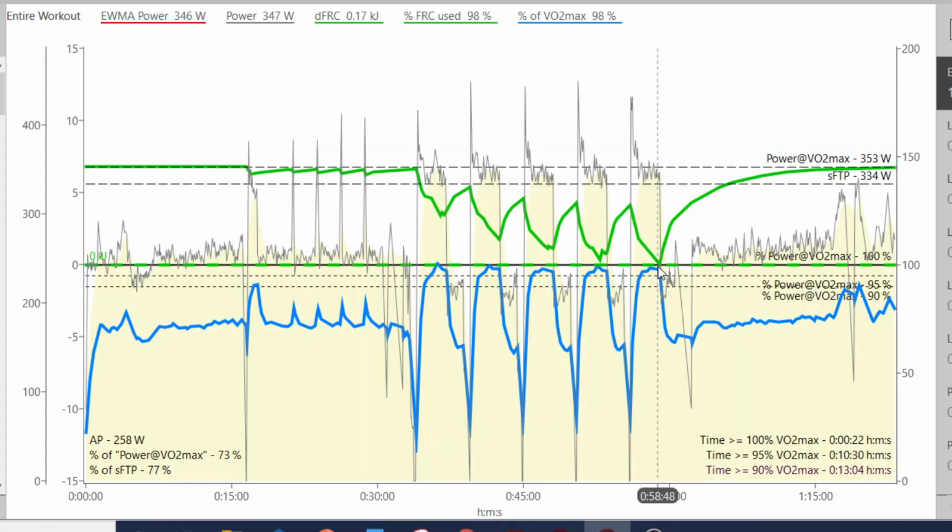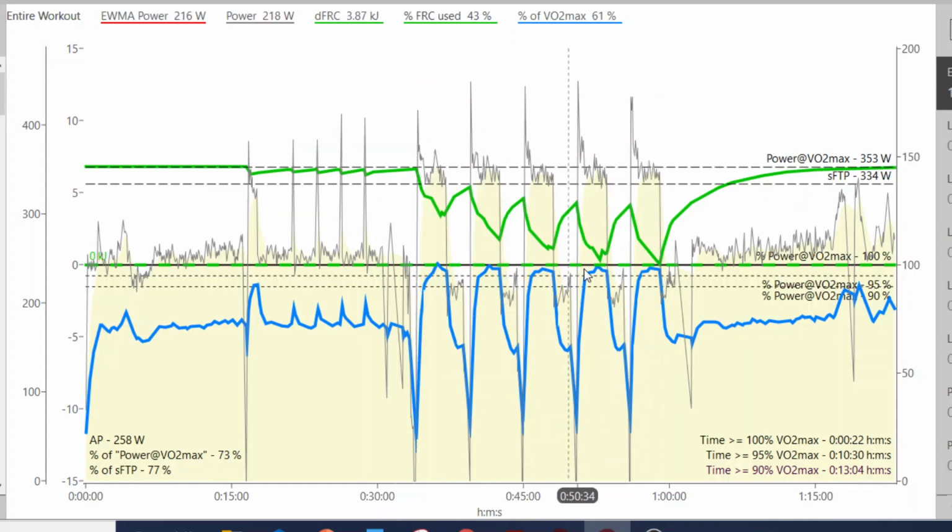And right here, you can see up top, as I scroll along, he gets to 0.06 kilojoules. So slightly over 99% of his reserve work capacity, his FRC, was used up in completing this workout.